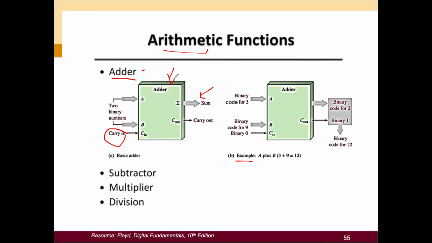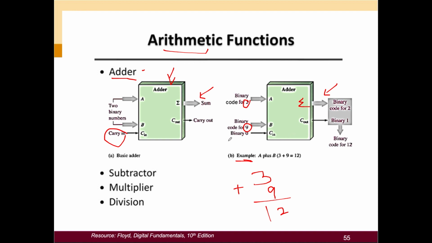The example is given over here. This is the diagram of symbols for the arithmetic function, the add function. For the example, we have the binary code of 3 at A, and the binary code of 9 for B. So you basically have 3 plus 9, and then you get 12. So this is for this sum over here.